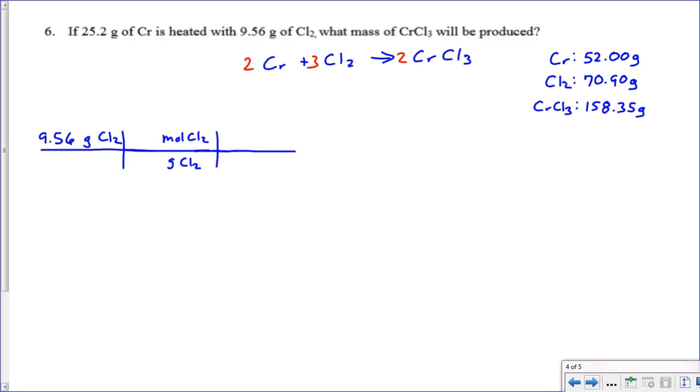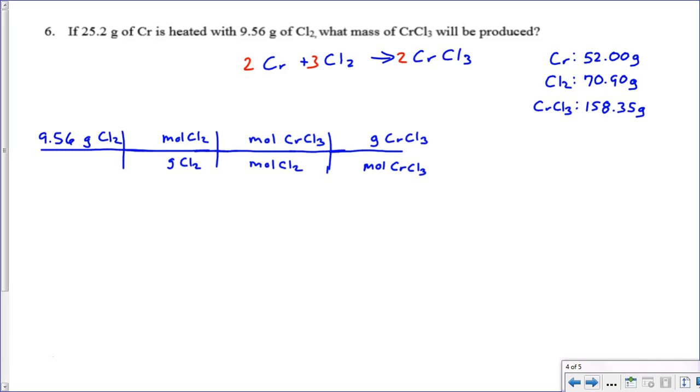Then we're going to go from moles of Cl2 to moles of CrCl3. And then this is where we go one further step. We don't want moles of CrCl3 in the end. We want to know how many grams of CrCl3. So we go from moles of CrCl3 to grams of CrCl3.